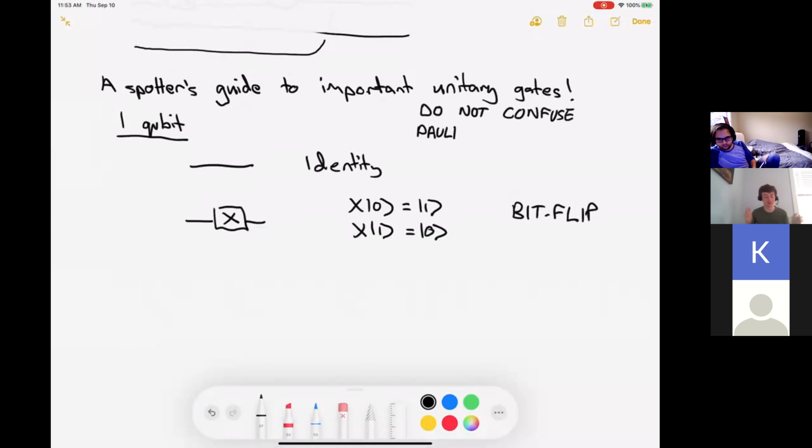This is a weird thing about the Pauli matrices, that they happen to be both Hermitian and unitary, as unitary gates versus measurement operators.